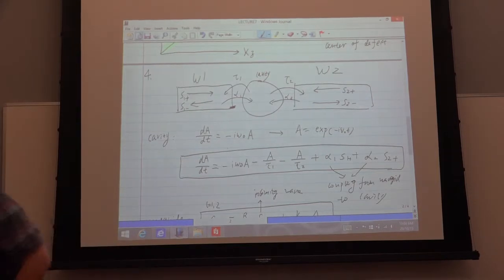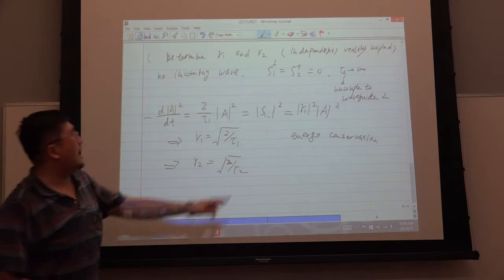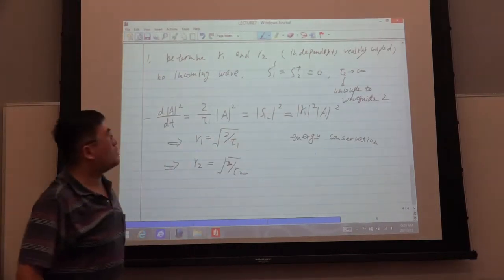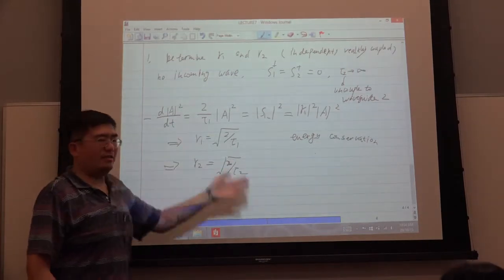This is the physical picture. And for S1, I just use gamma 1 equals A, because S1 is just the coupling to the waveguide. So you can get this equation.